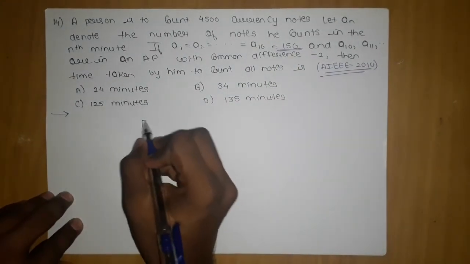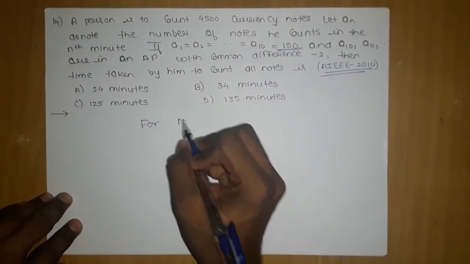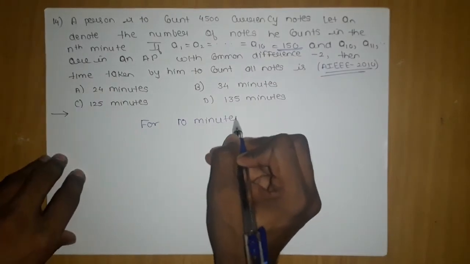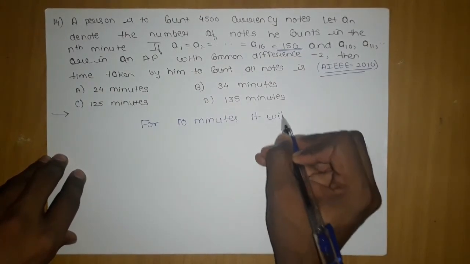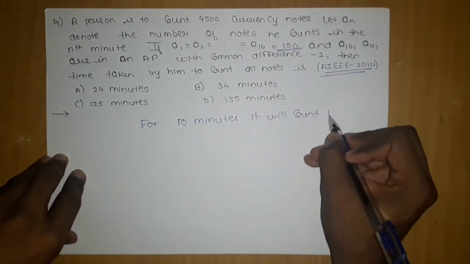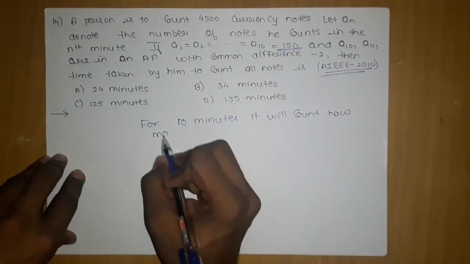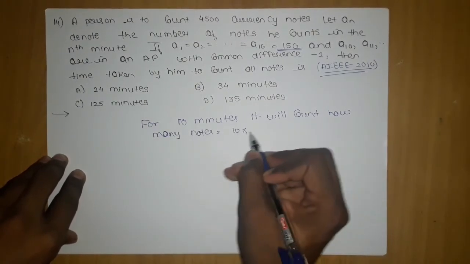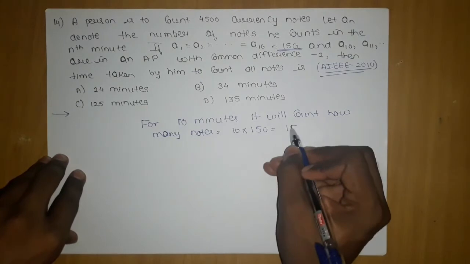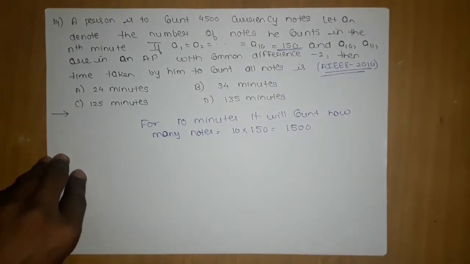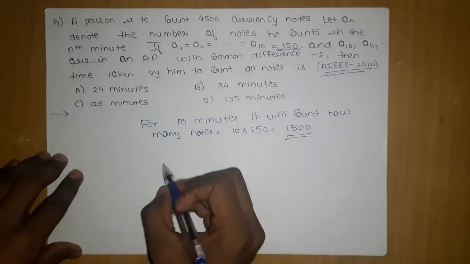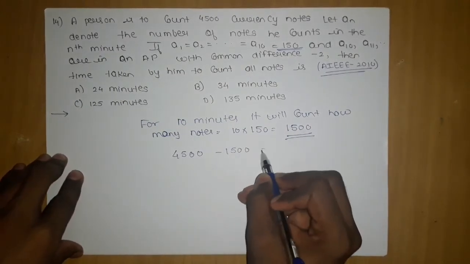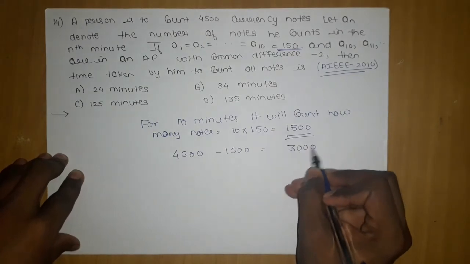So for 10 minutes, he will count simply 10 into 150, which is nothing but 1,500. Suppose in 10 minutes he has counted this many notes. Out of 4,500 he has counted 1,500, so we are left with 3,000 notes, right?